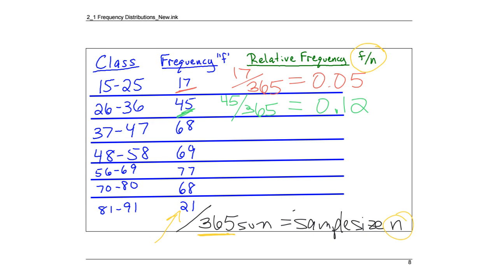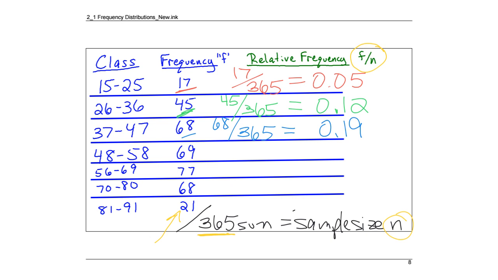We're going to go ahead and do one more, and then I'll let you guys fill out the rest. So the next one, we're going to take the 68, that's the frequency, divided by 365. That gives us 0.1863, so 0.19 if I'm rounding to 2 decimals.